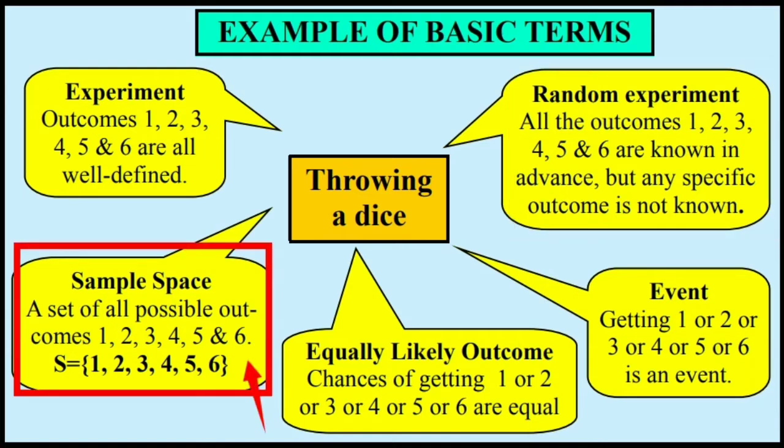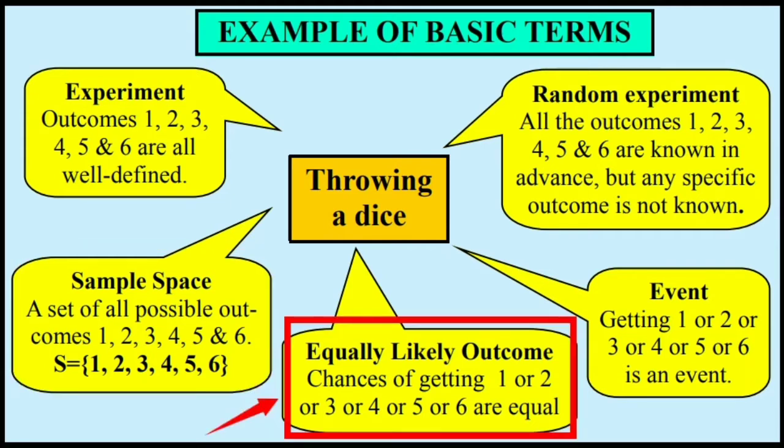Next one is sample space. Sample space means arranging all the possible outcomes of an experiment in set form. Here all the outcomes represented in set form are named the set S. So S here represents sample space. The next one is equally likely outcome.